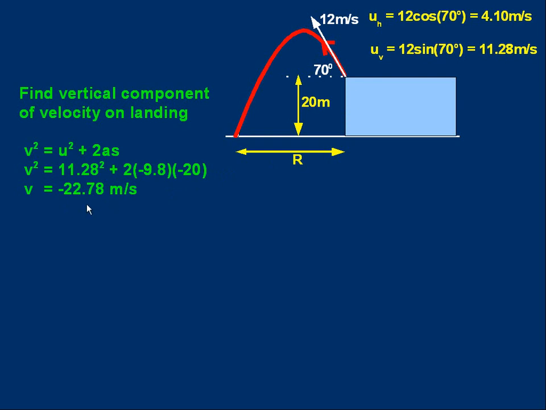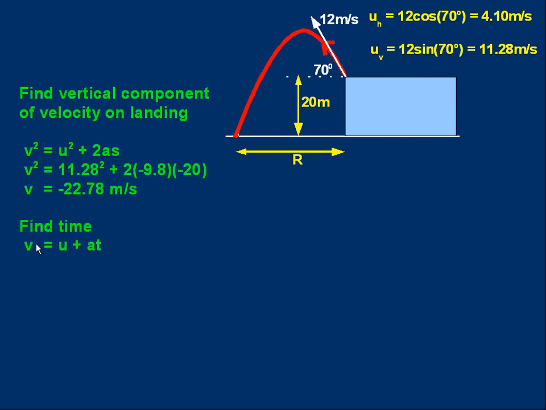Now, what that means is, in the vertical sense, it started moving 11.28 meters per second upwards when we launched, and it finished moving 22.78 meters per second downwards when it hits the ground. We can use those figures to get the time. v is u plus at.